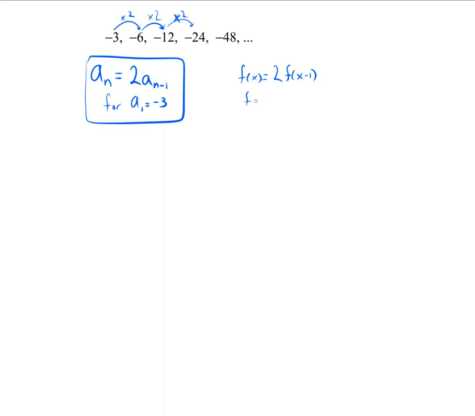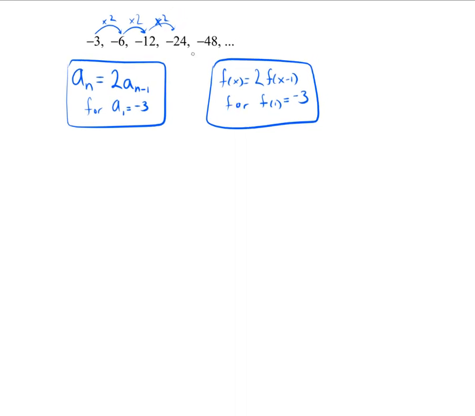And this is once again for a specific scenario, when f of 1 is equal to negative 3. And that right there would be my answer if they wanted me to find the recursive function for this sequence. And once again, this sequence would be a geometric sequence.